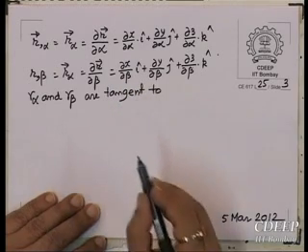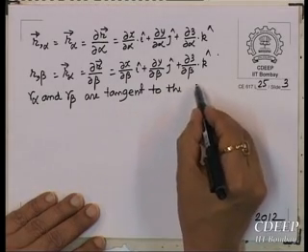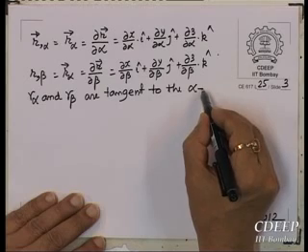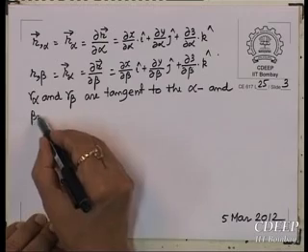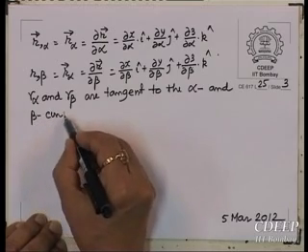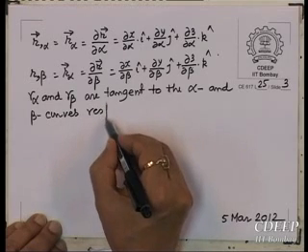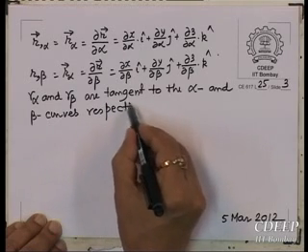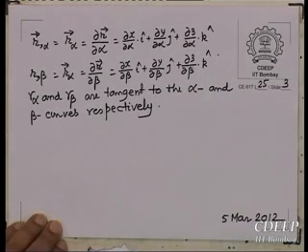So these are tangent to the alpha and beta curves. Let us say they are just tangent.